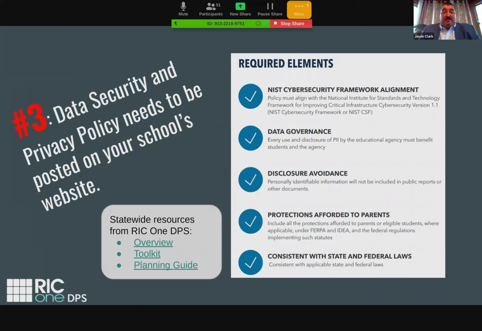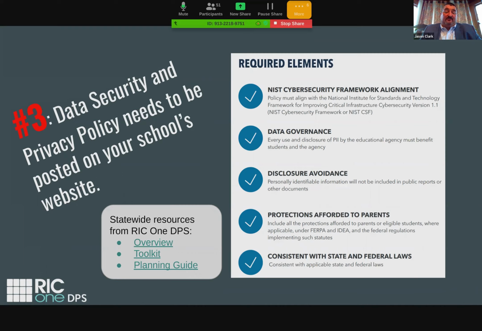There also needs to be, again as part of the regulations, a board policy in place for every district around data security and privacy. That policy needs to be approved by the board. It's more focused on infrastructure in many cases, and looks at things like the NIST cybersecurity framework alignment and how that data is being used.